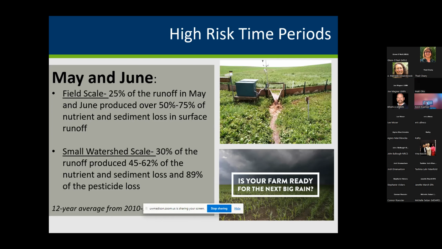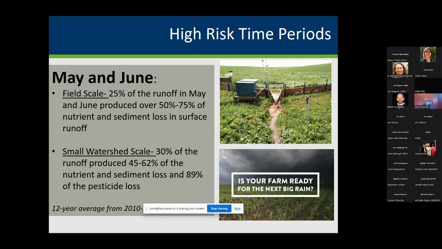Scaling up to the small watershed scale, we find a very similar pattern, where about 30% of the runoff produces about 45 to 62% of the nutrient and sediment loss. In a special study on pesticide loss, those 2 months alone accounted for almost 90% of the pesticide loss coming out of those small watersheds.